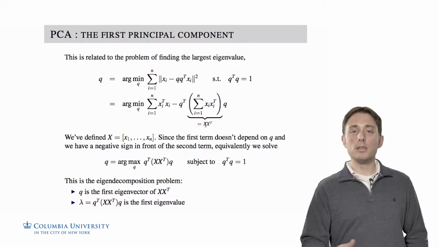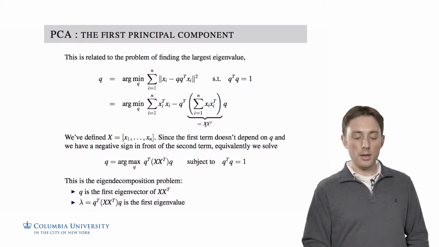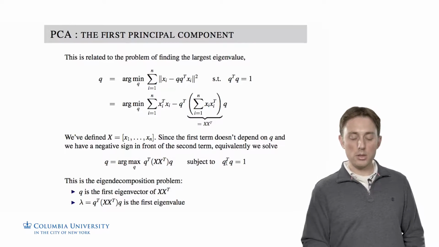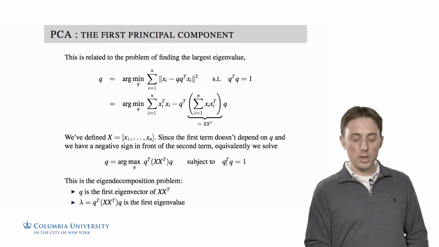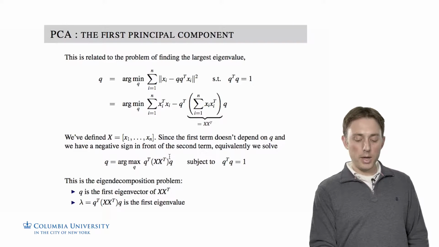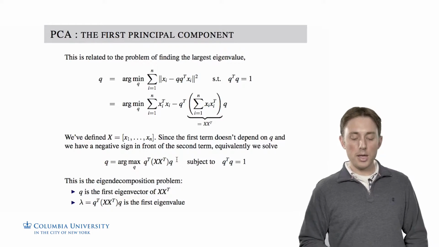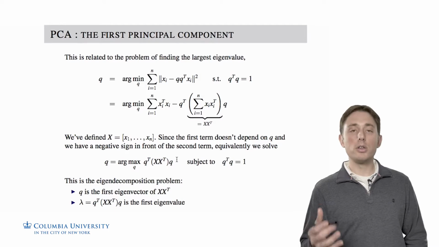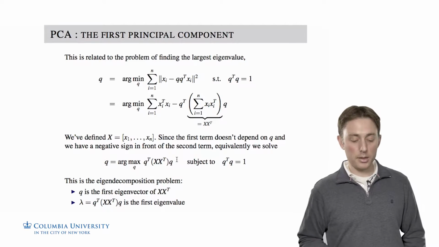And so a mathematically identical way to represent this problem is finding the vector q that maximizes this quadratic term subject to the magnitude of q equaling 1. So we want to take q transpose times the matrix that we get by taking this matrix product times q, and we want to find the vector q that maximizes that product.